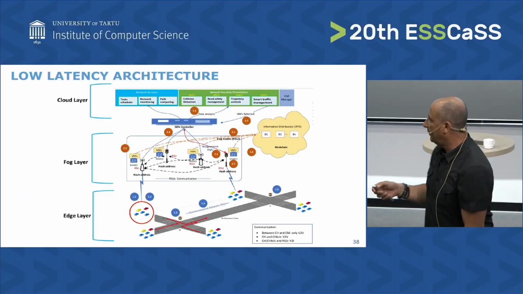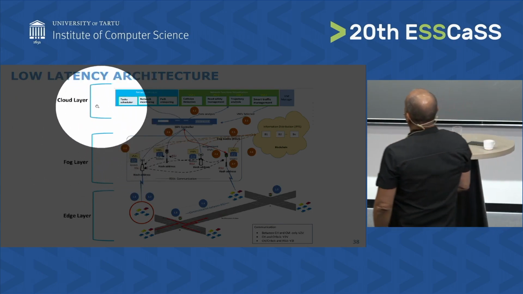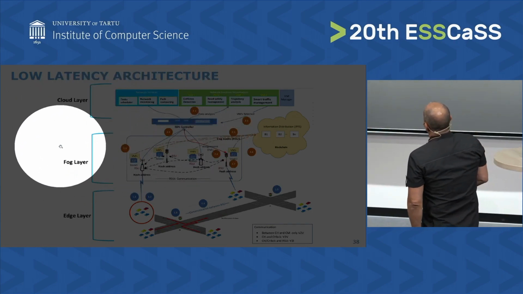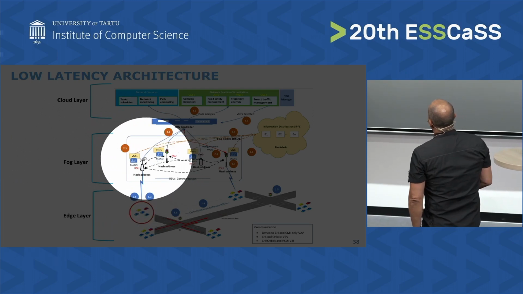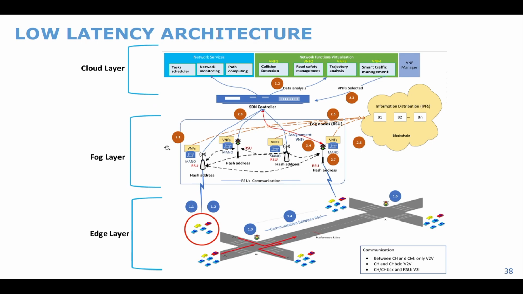So that's why we need to have someone closer, between the edge and the cloud. That's why we have this fog. This fog layer, I would say, is the community of roadside units or traffic lights.